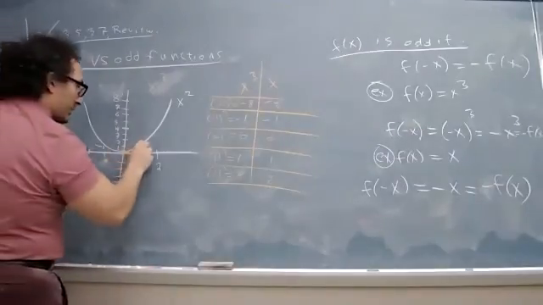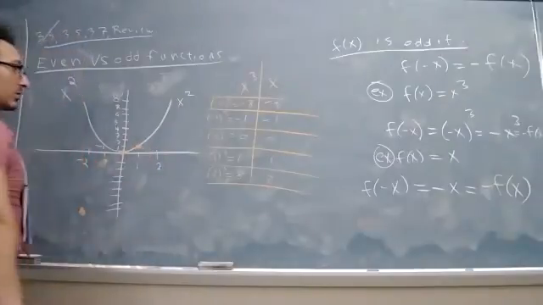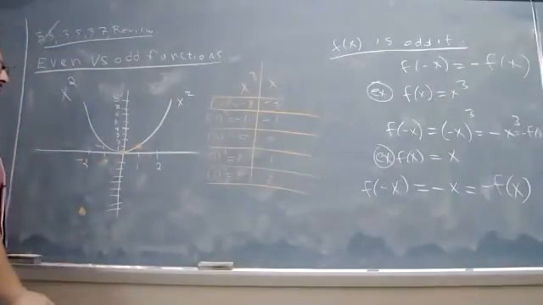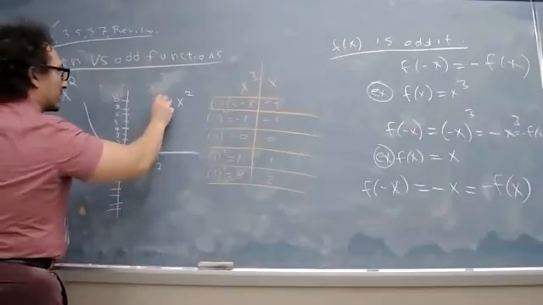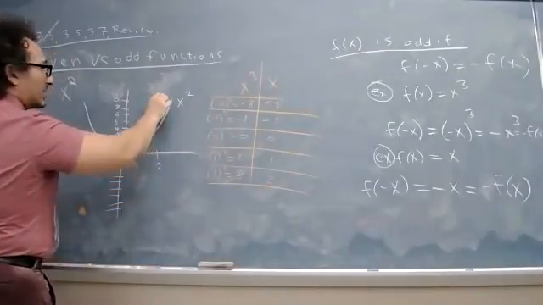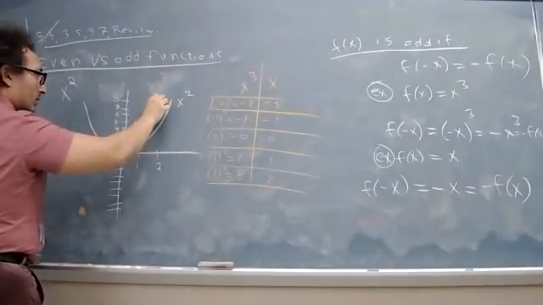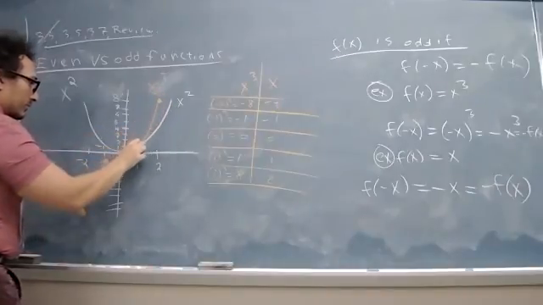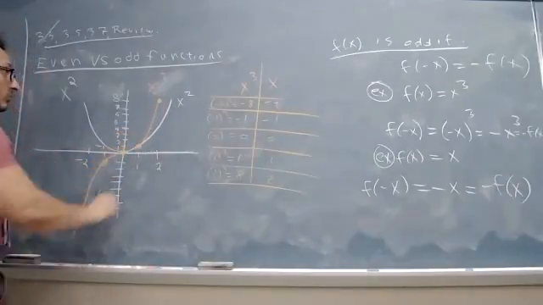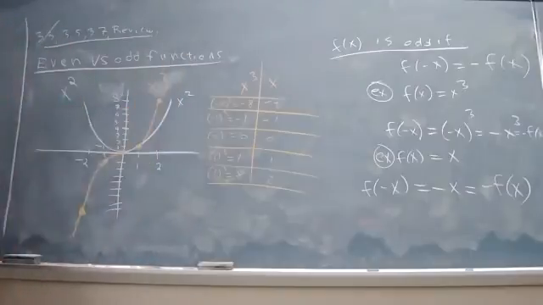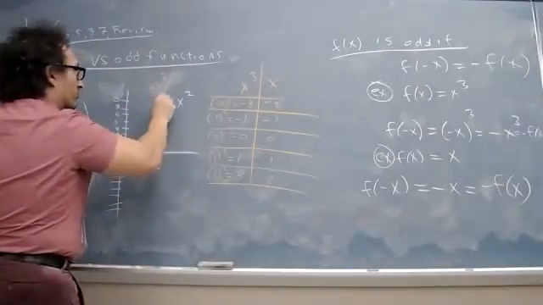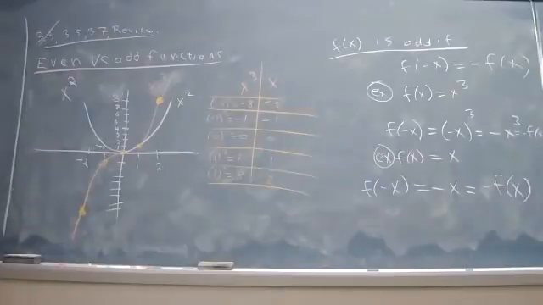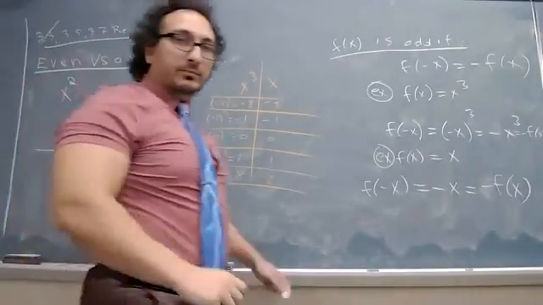We find a 1, and we put a dot. And we go to 2, and we find an 8, and we put a dot. So x cubed looks like so. This is what it looks like. Wow. The orange is x cubed.